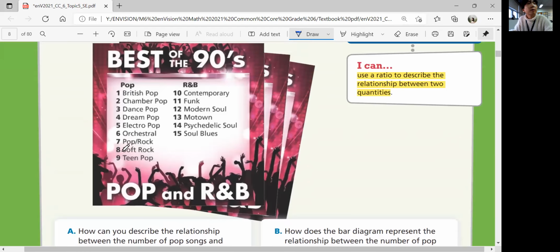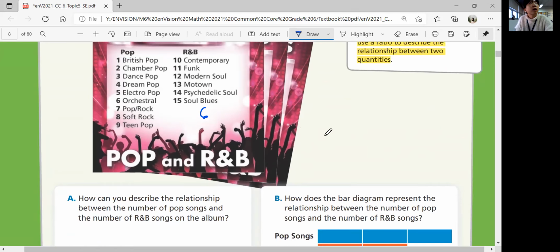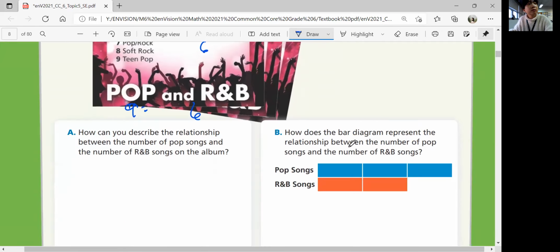We got 9 pop songs and 1, 2, 3, 4, 5, 6 R&B songs. Okay, so it's 9 to 6, right? So what is the ratio? There were blank pop songs for every blank R&B songs is what we want to write.